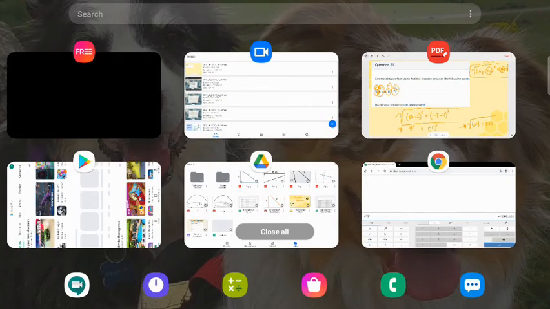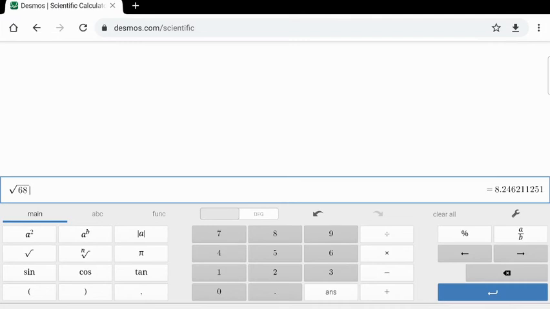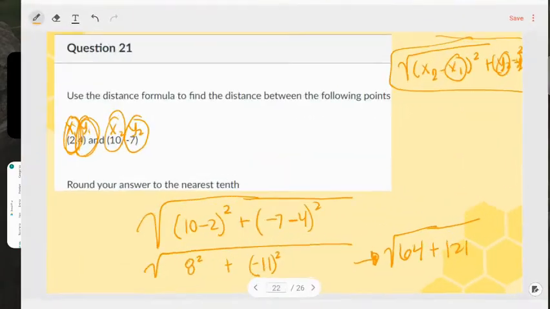I'm going to add those together and take the square root. So the square root of 64 plus 121 is, and my answer's over here, 13.601.